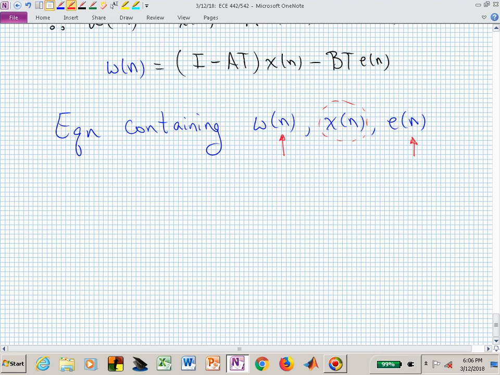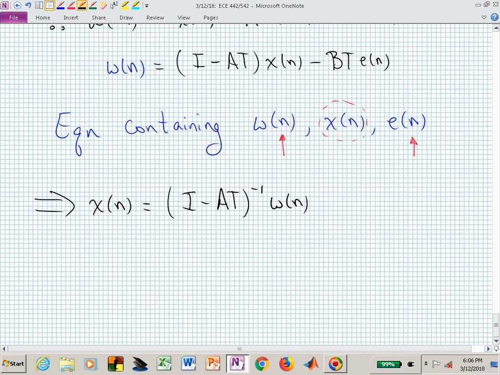Let's now solve that for little x of n. Little x of n now becomes I minus AT inverse W of n. So now I'm just going to multiply on the left of the left and right hand side by the inverse of I minus AT.